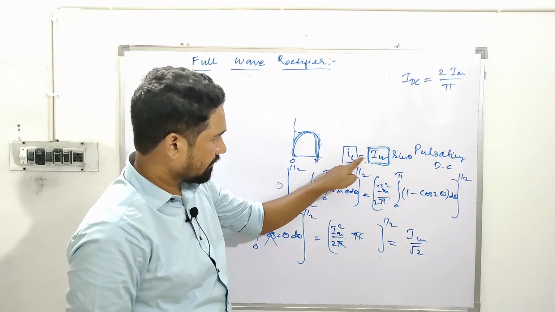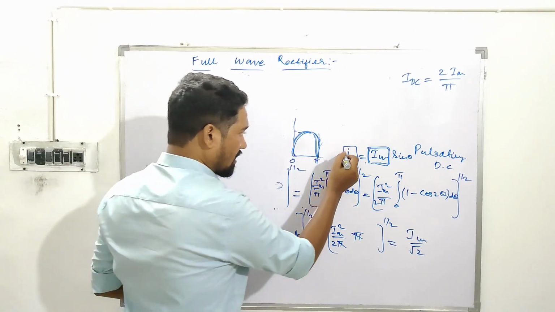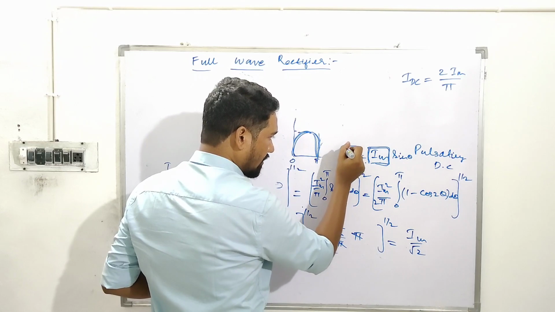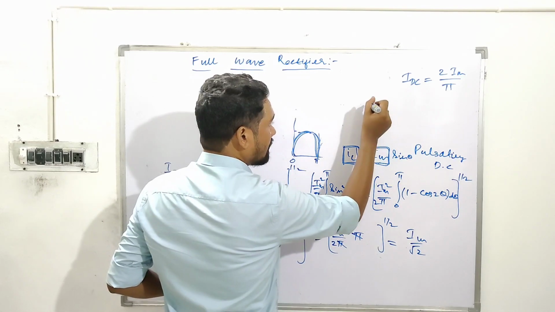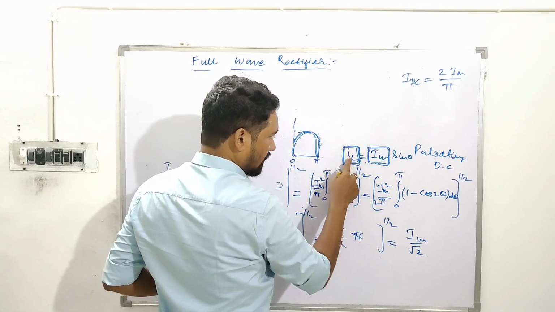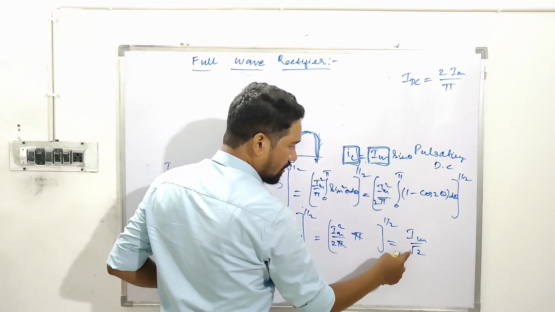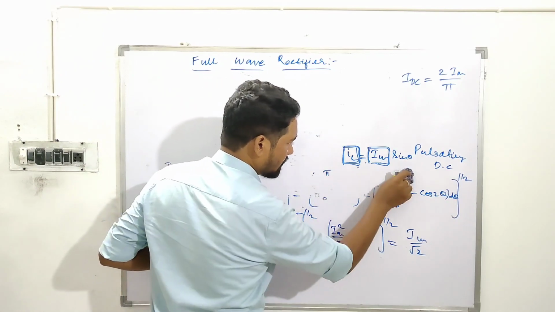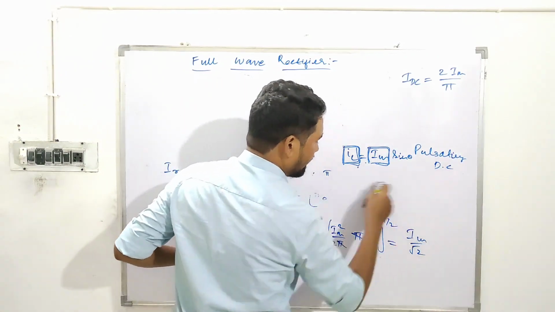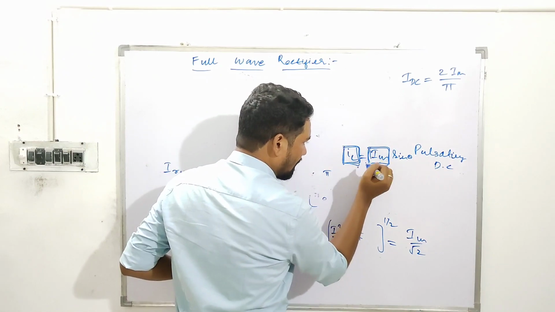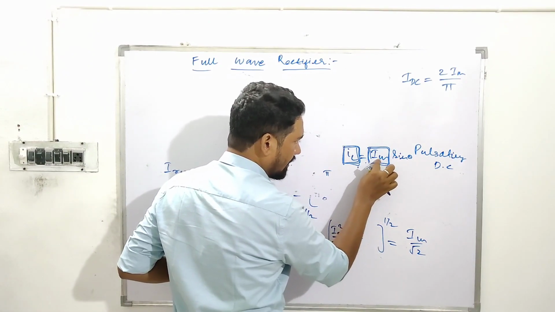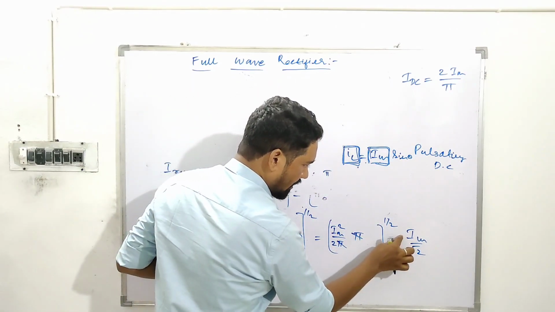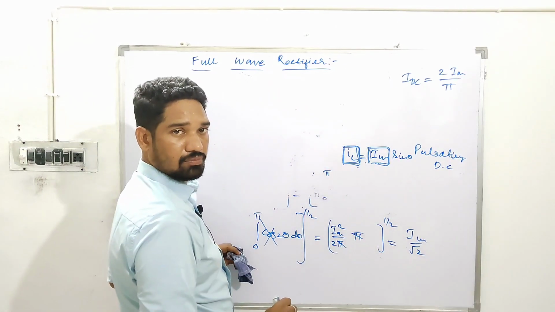So evaluating the RMS value of the current, this is to be noted: the RMS value of this one is this value by root 2. Another point to be focused on: we have 1 time Im sin theta, and the RMS value is 1 time Im by root 2.